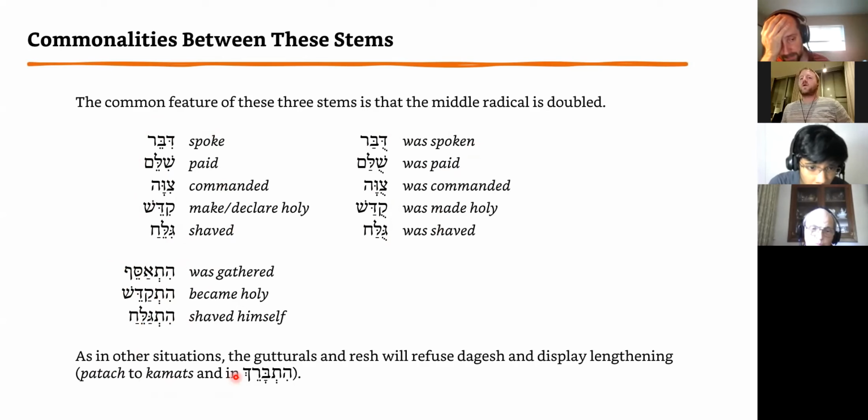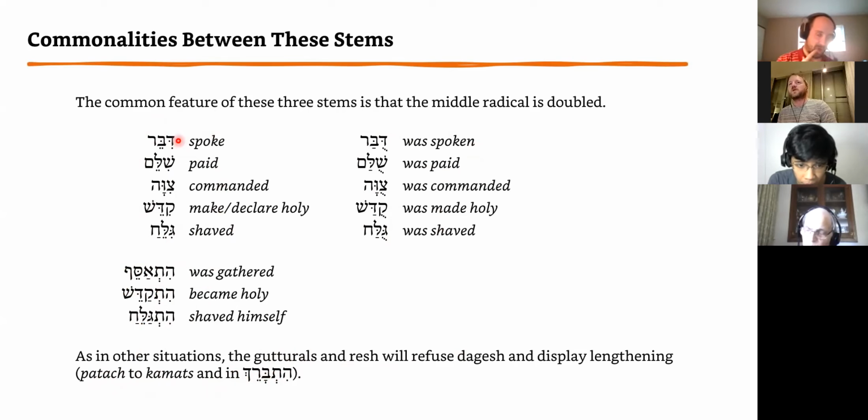So as in all other situations, the gutturals and resh will refuse Dagesh and display lengthening. So patach will go to kamatz, like Hitbarech. He was blessed, or he blessed himself, made a blessing over himself. So diber means he spoke. Shilem, also shilam in the Bible, he paid.